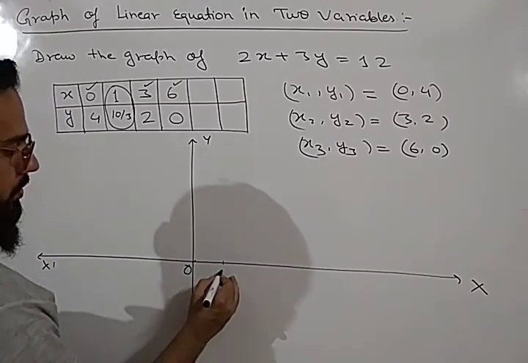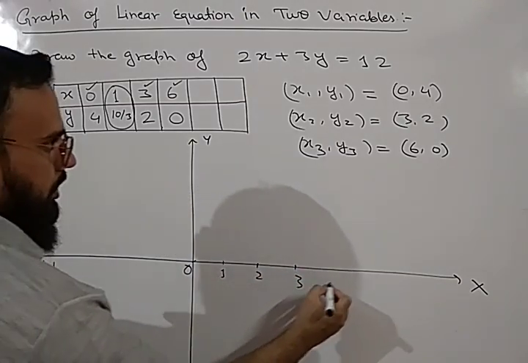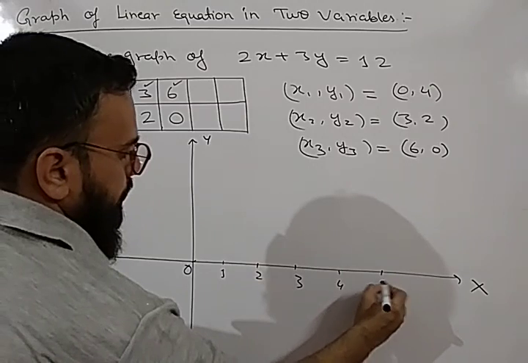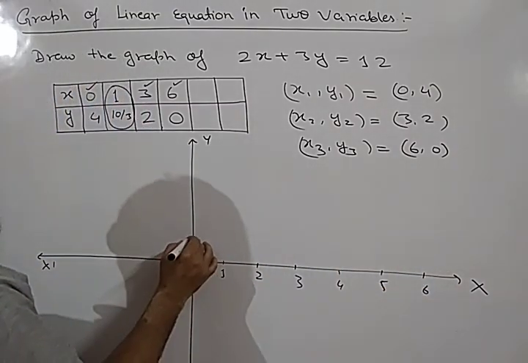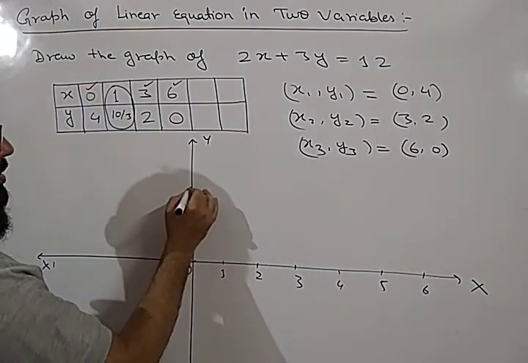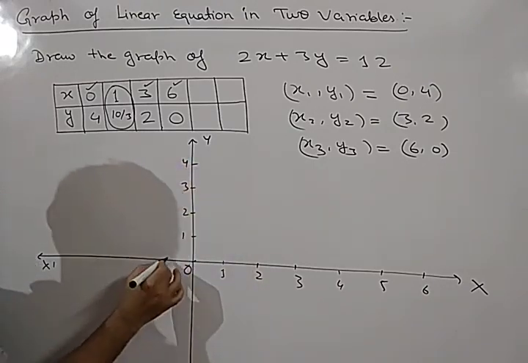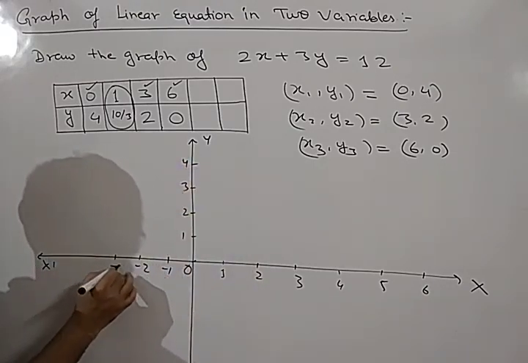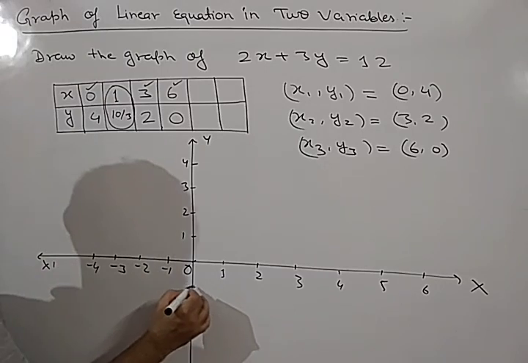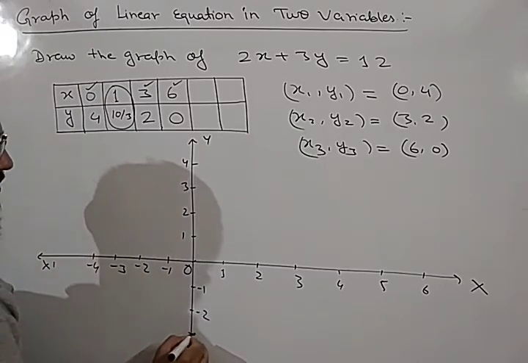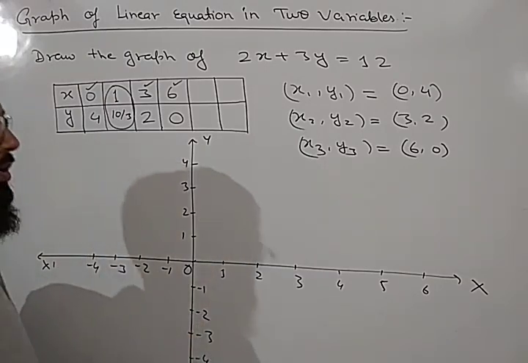So we will plot 1, 2, 3, 4, 5, 6. On the y-axis 1, 2, 3, 4. This is -1, -2, -3 and -4.